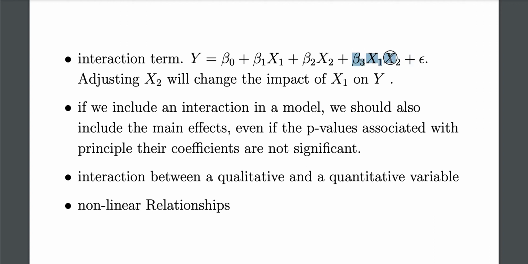So without this interaction term, the association between y and x1 can be summarized with beta 1, regardless of what x2 is. But the moment we have interaction, the association between y and x1 will depend on beta 1 and beta 3 x2.